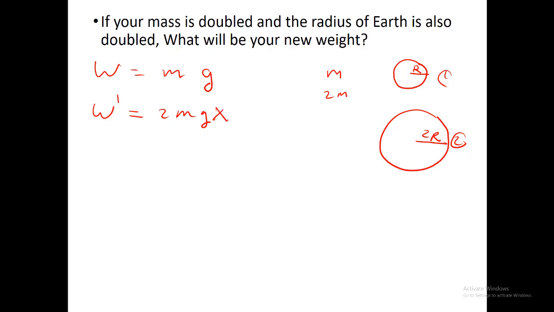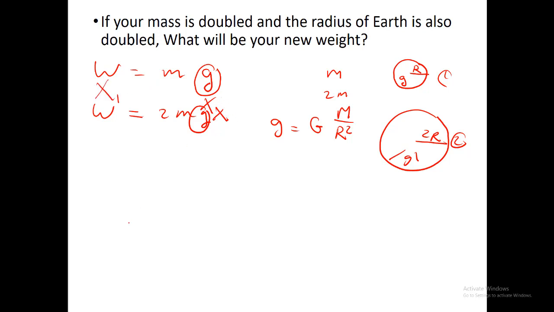This is totally wrong. ليه؟ لأن أنت اعتمدت إن ال acceleration of gravity is the same in the 2 cases, which is totally wrong. ليه يا شباب؟ The acceleration of gravity depends on the size of the planet. The size changes now, the radius. Remember, g equals G capital, the constant, times the mass of the planet divided by the radius of the planet squared. Of course, R here is not like R there. Radius هنا اسمه R, هنا يبقى اسمه 2R. يبقى the acceleration of gravity of this one, let's call it g dash, is not like the acceleration of gravity here. So this simple solution, فكر ان هي بسيطة كده, لا, this is totally wrong.